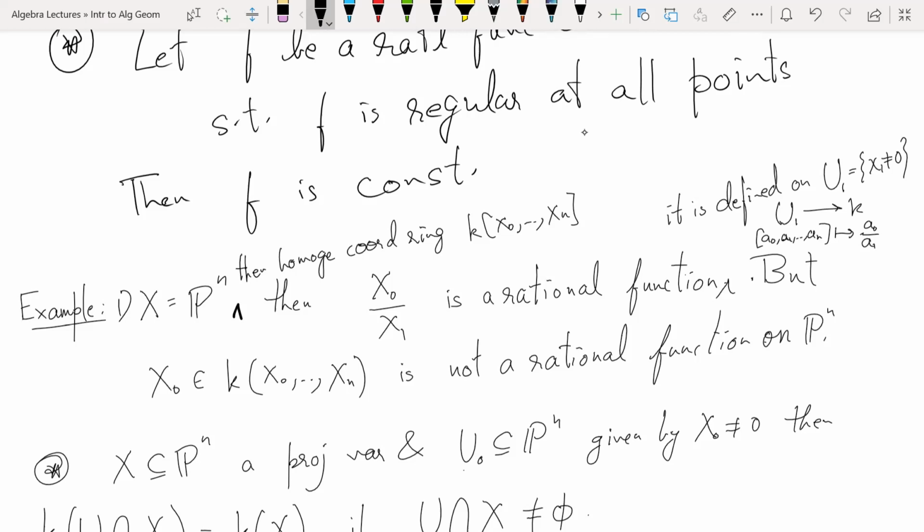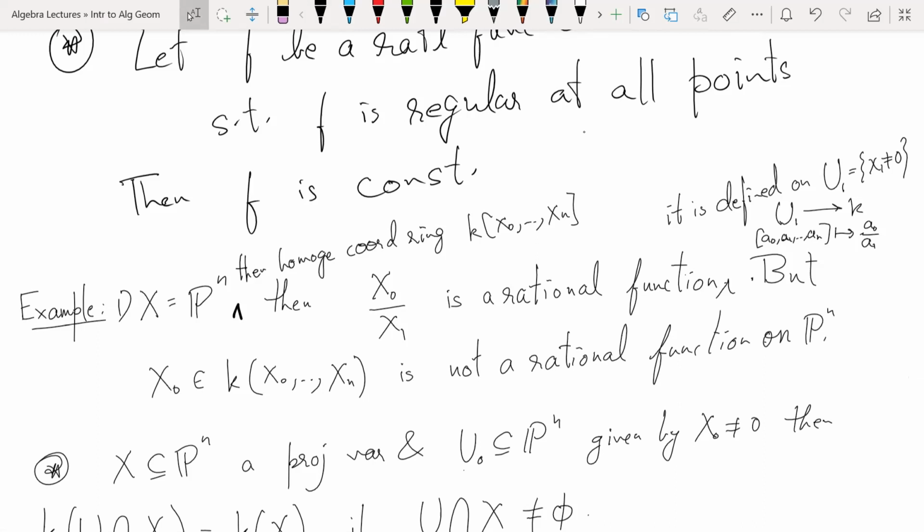But something like x0 is not a rational function. Note that if you take a different representative of the point (a0, a1, ..., an), the map won't change, because (a0, ..., an) is the same as (b0, ..., bn) if bi is a scalar multiple of ai, by the same scalar.